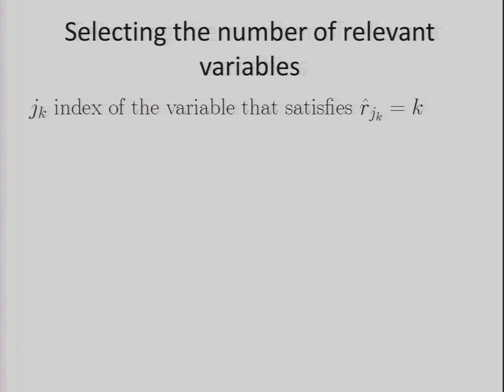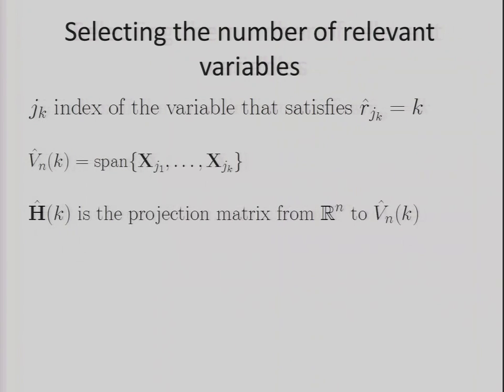I previously told you we can easily select the number of relevant variables, and here is how. Recall that r j denotes the rank of a variable j, and let's index by j k the variable whose rank is k. Let V hat n k be the span of the columns of the first k variables that are selected. Then H k denotes the projection matrix onto it in R n.